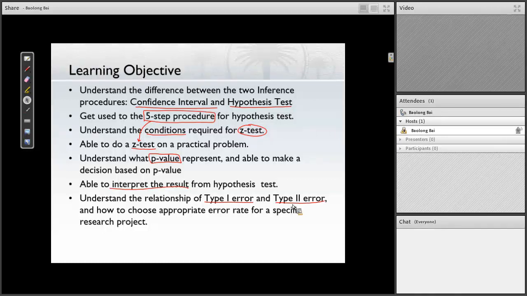There are two different types of errors. Okay? So you need to identify in a particular practice problem, after the hypothesis test, do you have a chance for type 1 error? Or do you have a chance for type 2 error? Okay. All right. And then how do I choose the error rate? Okay.